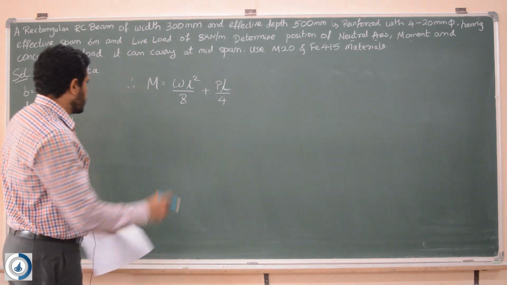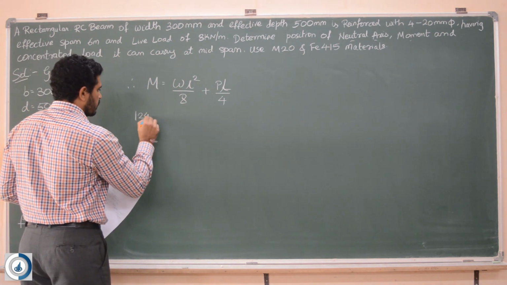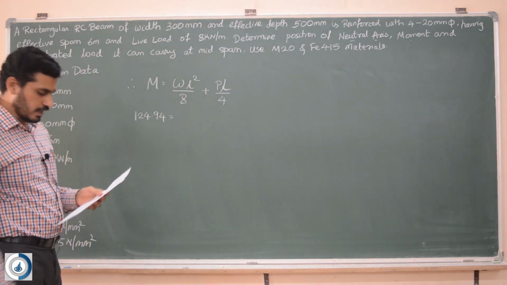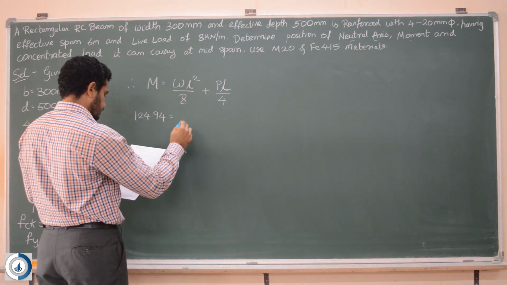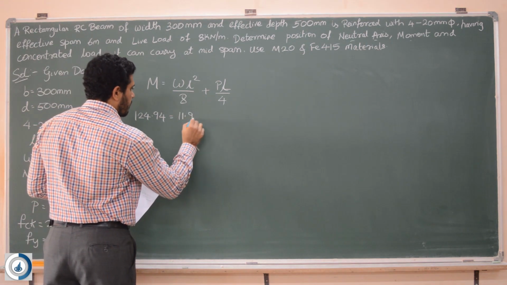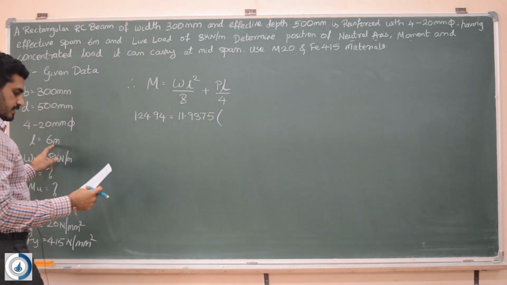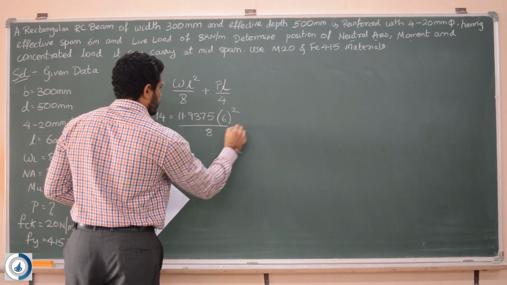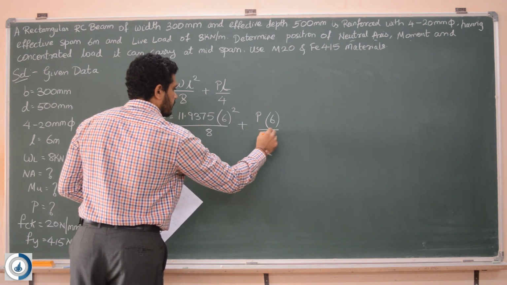Now just substitute here the working moment, that is 124.94, equals W, which we have calculated just now, 11.9375, into L, the effective span, that is 6 meters, squared, divided by 8, plus P as it is, into L, 6, divided by 4.